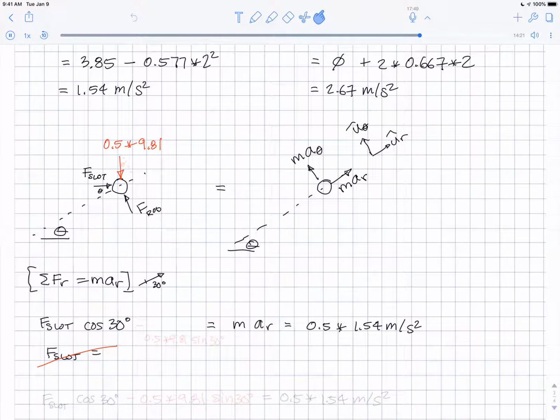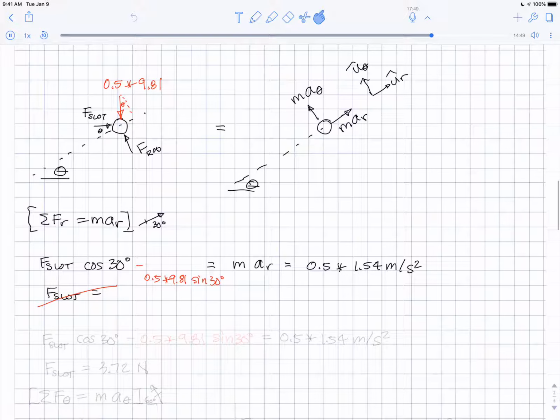If you take the radial component, because it's at 90 degrees, that's theta over there. Let me see if I can figure this out. I'm missing a minus 0.5 times 9.81 sine 30 degrees. Let me write that all out corrected for you.